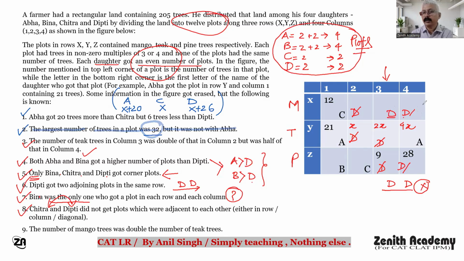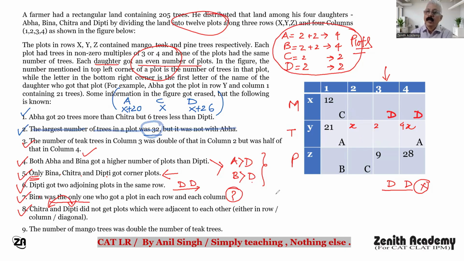Then you can say Deepti is getting a corner plot and two adjoining plots in the same row. So now it is clear, Deepti's two plots are clear.